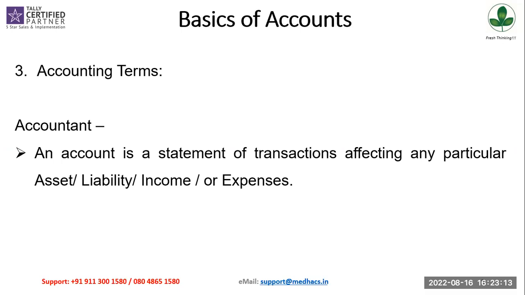In layman's terms, what is an asset? An asset is a purchase that I'm making, where I use this product for my business over a period of time. An example of an asset is a building. I paid 50 lakh rupees and bought an office space.